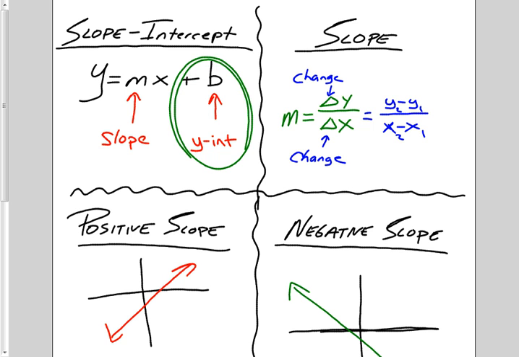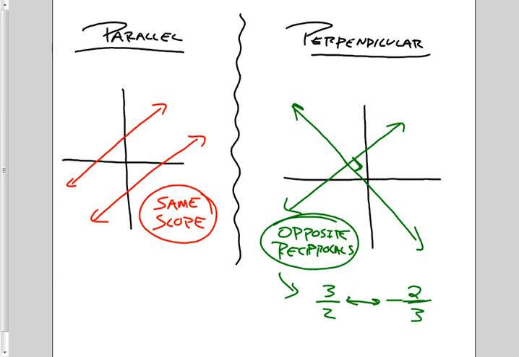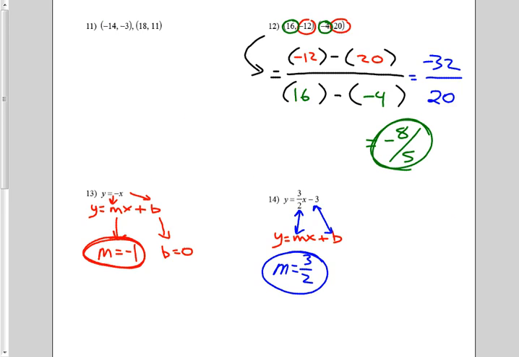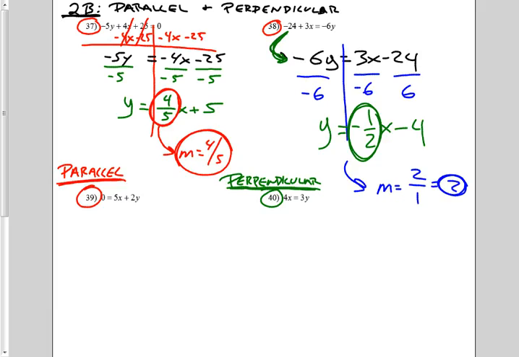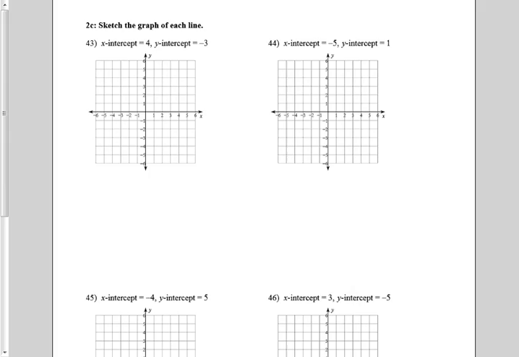So now that we reviewed that, let's go through and take a look at our lines. So the first section I'm going to give you is I'm going to tell you the intercepts. And your job is to graph from there. Consider yourself lucky if you get this early on, because this is a pretty easy section here. Your job is simply to sketch the graph. Well, what do I do?